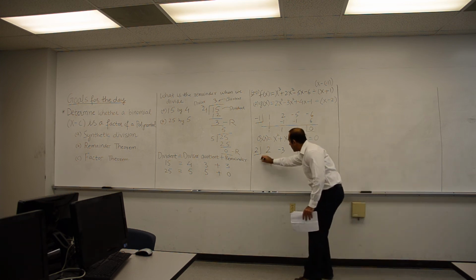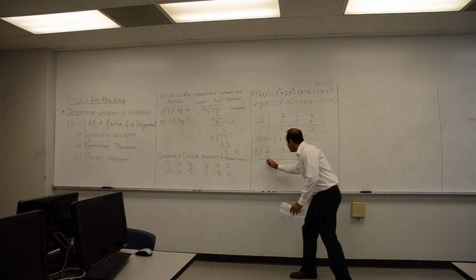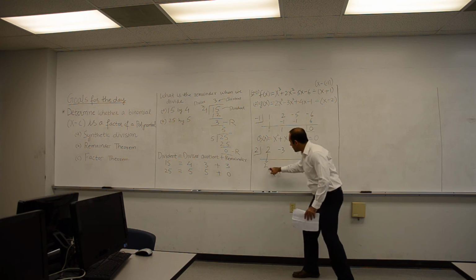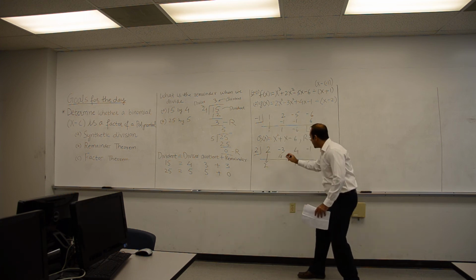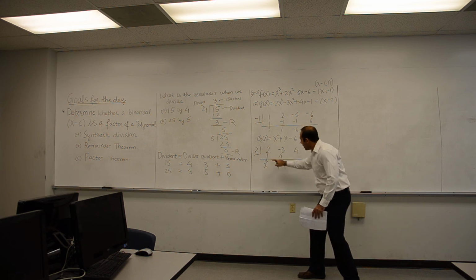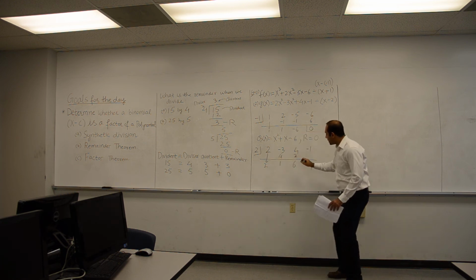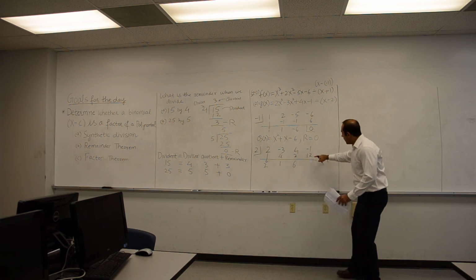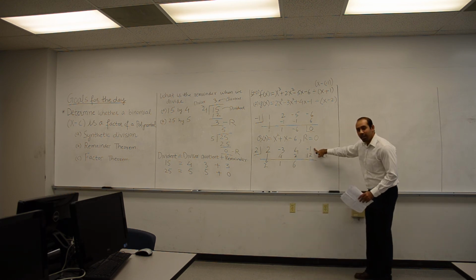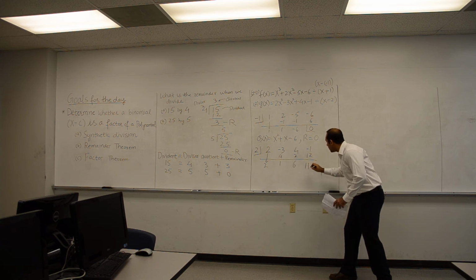Following the same method, we bring 2 down, and 2 times 2 is 4. Adding, we have 1. 1 times 2 is 2, adding gives 6. 6 times 2 is 12, and when we add negative 1, we get 11.